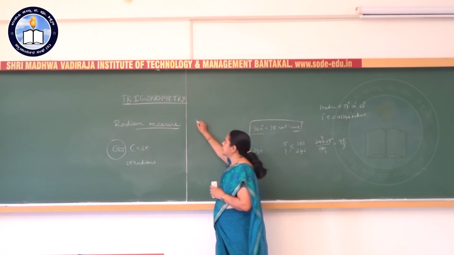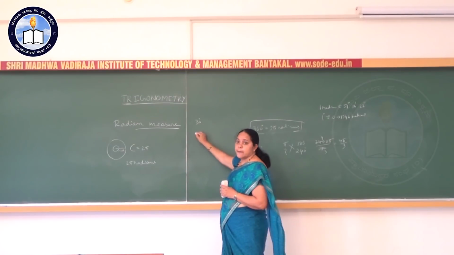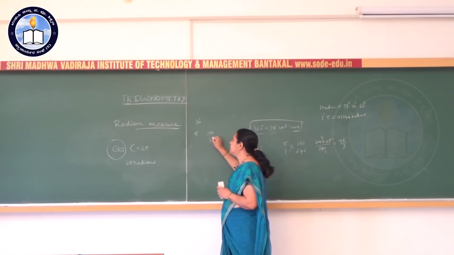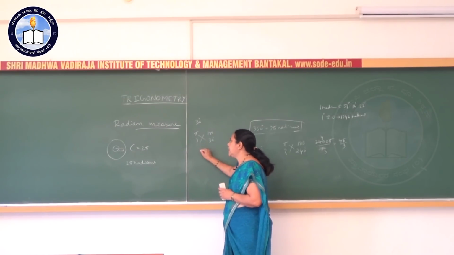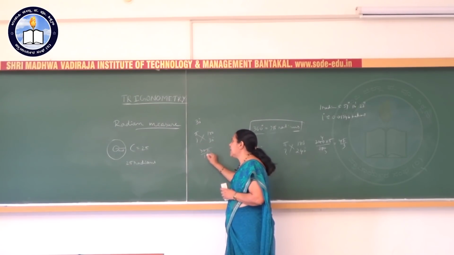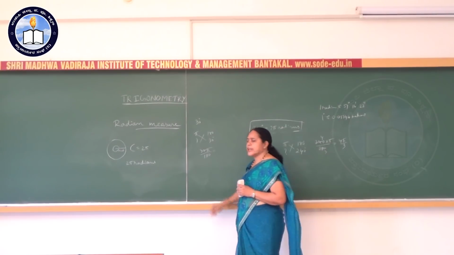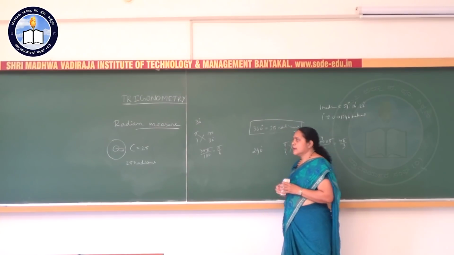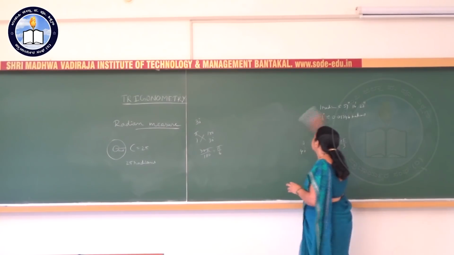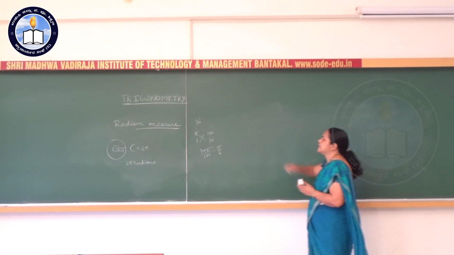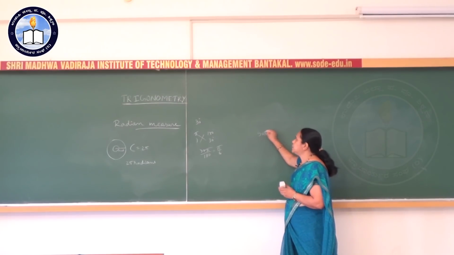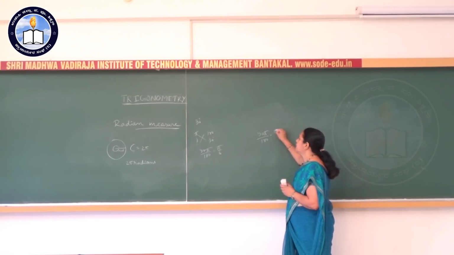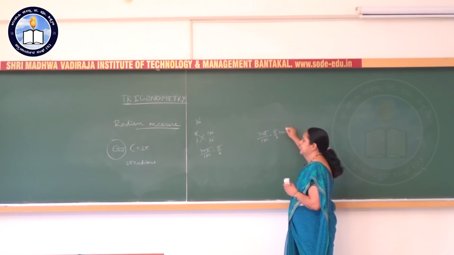What is 30 degrees in radians? We know pi radians is equal to 180 degrees. 30 into pi divided by 180 is equal to pi by 6 radians. 90 degrees in radians is 90 into pi divided by 180, that's equal to pi by 2 radians.